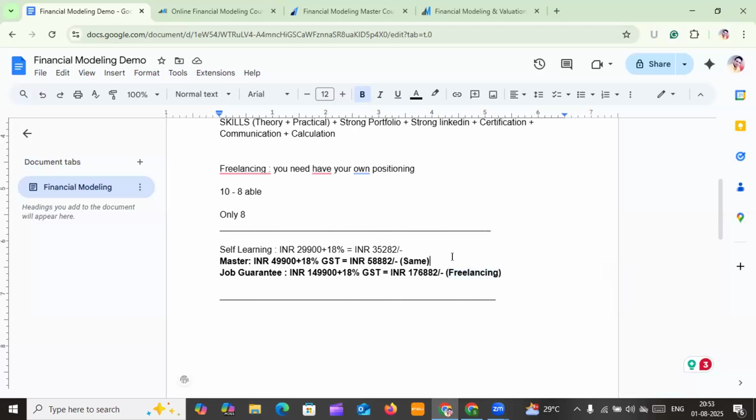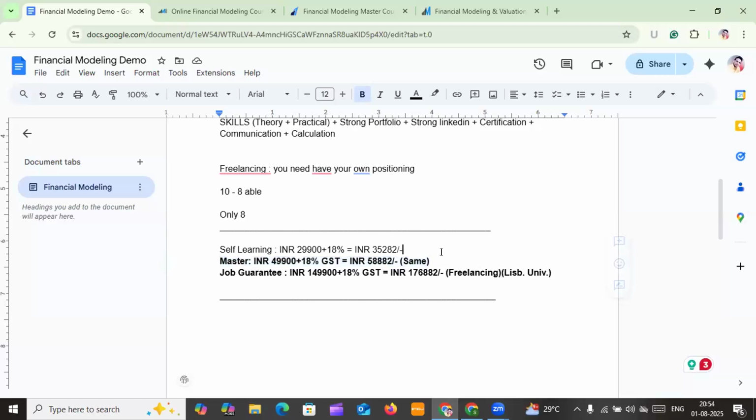Difference number two, the job guarantee training program has the Lisbon University association. It means if somebody is looking for a Lisbon University certificate, mainly those who need international recognition, such a person should go for the job guarantee training program, because this Lisbon University certification is not part of the master's training program.